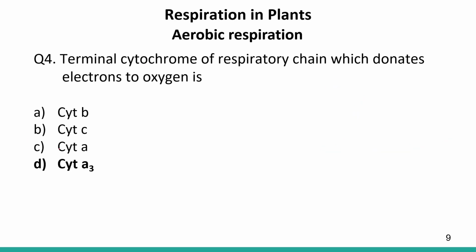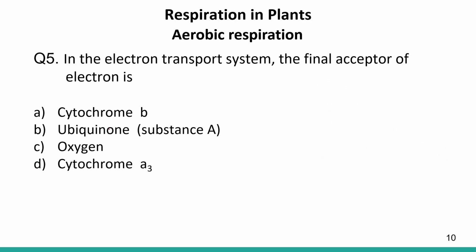So what should be the answer? Answer is option B, cytochrome A3. Cytochrome A3 transfers the electrons to oxygen. Next question is, in the electron transport system, the final acceptor of electron is? Now we know, here they are talking about terminal oxidation.